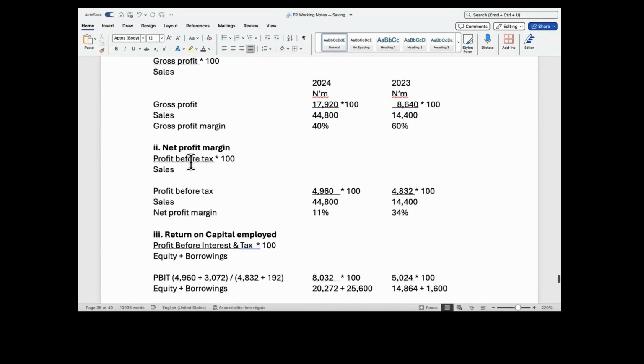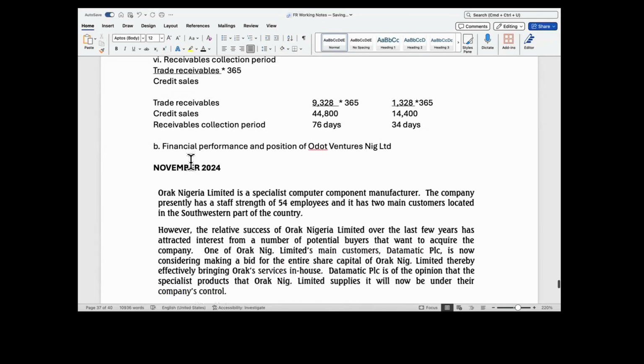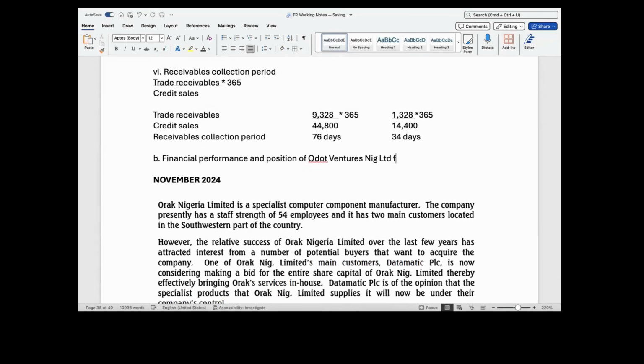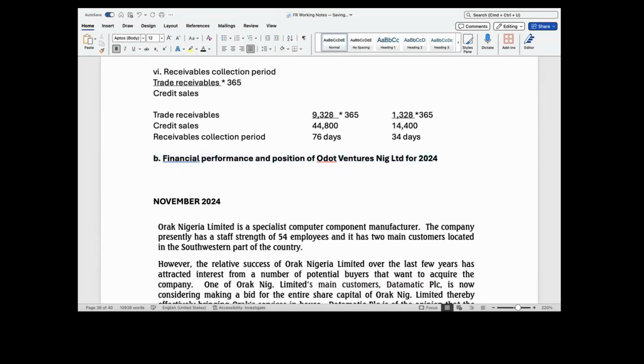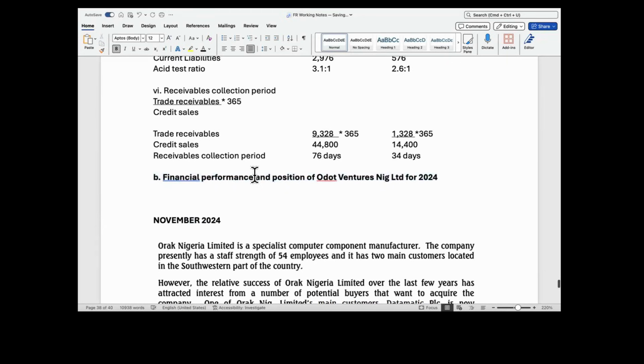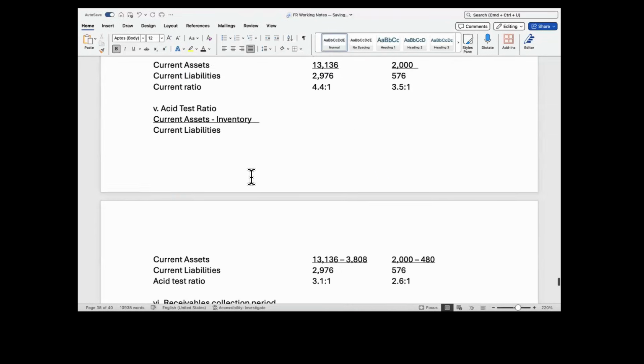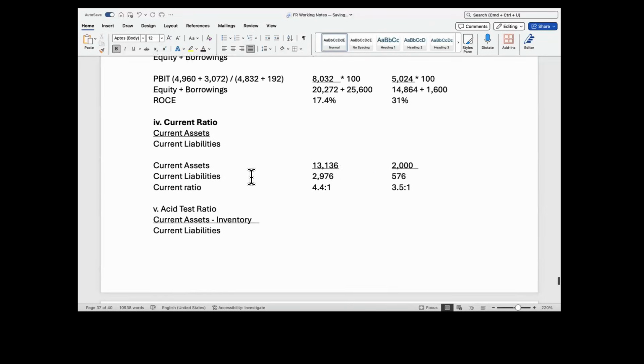If they're asking me to explain whether it has improved, I know that what they want me to do is talk about the ratios. If I'm talking about ratios on financial performance, then that will be profitability ratios.